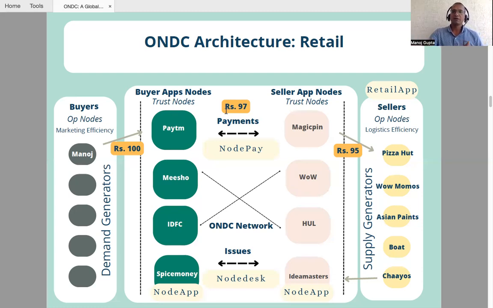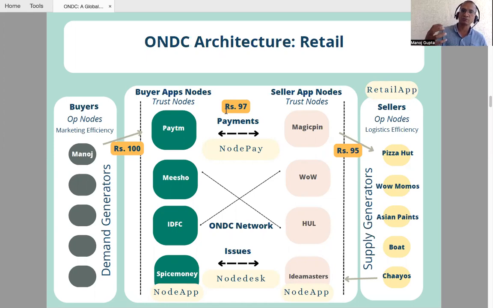Let's say I like the pizza from Pizza Hut. So I bought a pizza. I paid 100 rupees to Paytm, and I ordered a pizza, right? The pizza order will go to Magic Pin, which is a seller app aggregator, part of the network, who has enabled Pizza Hut to enter the network.